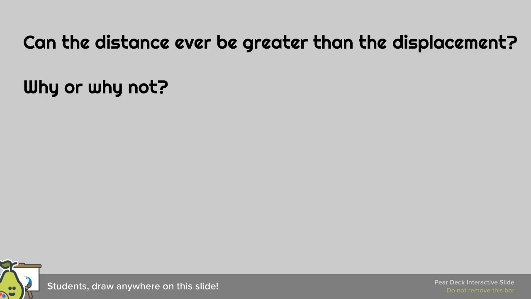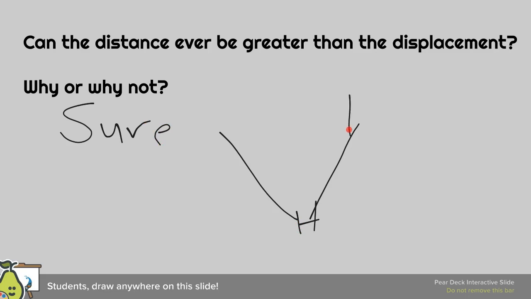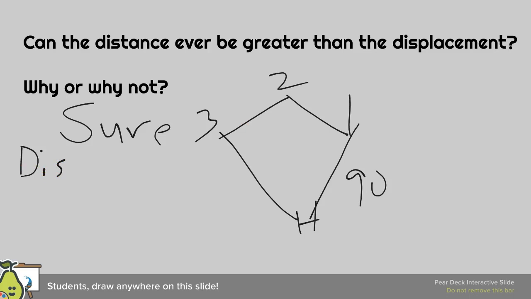Can the distance ever be greater than the displacement? Sure it can. So think about a baseball diamond. We have home plate, first, second, third, and let's say they're 90 meters apart, every single one. If I were just to go to first base, my distance and my displacement, I'll put just d and d, could be 90.